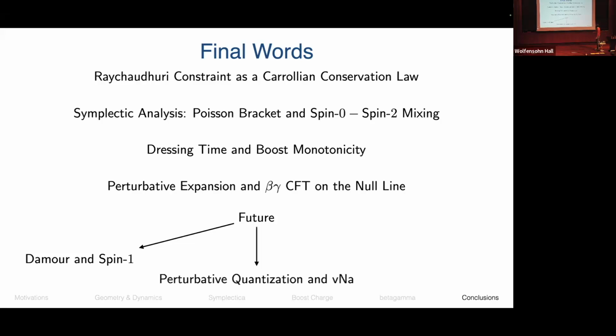Another direction is to understand better which set of assumptions, and more rigorously whether this analogy with the beta gamma system is not just an analogy, and there is something perhaps one can say in the perturbative quantization, in the weak gravity regime, in relationship to the very thriving recent results on von Neumann algebras for gravity.